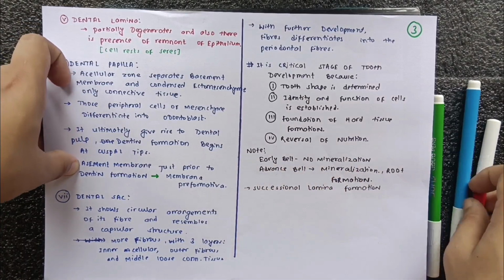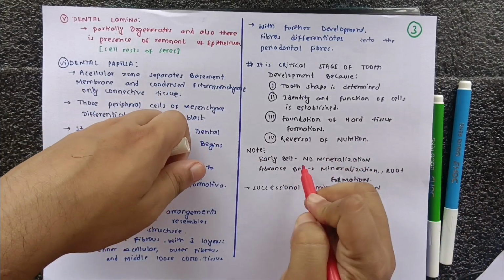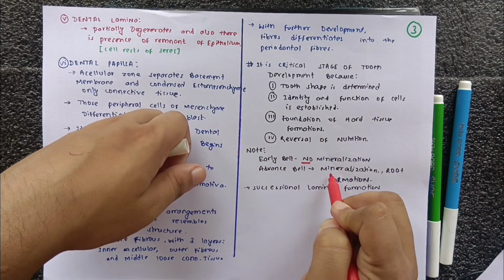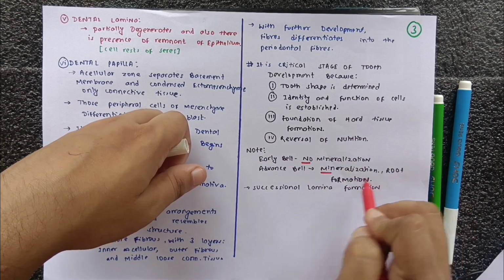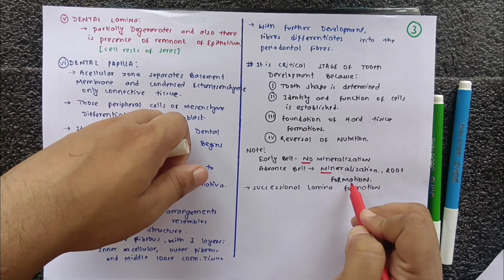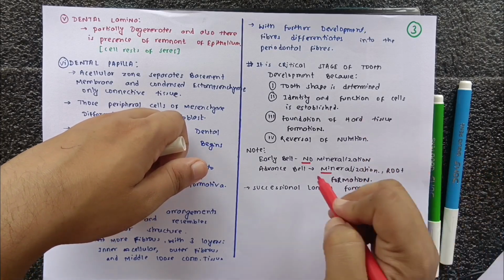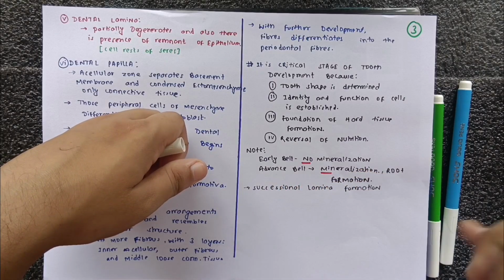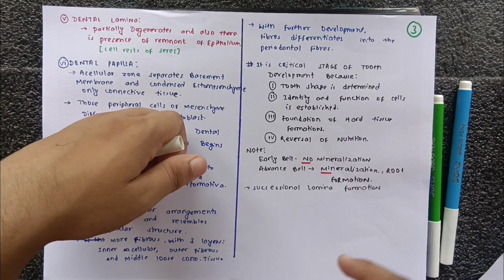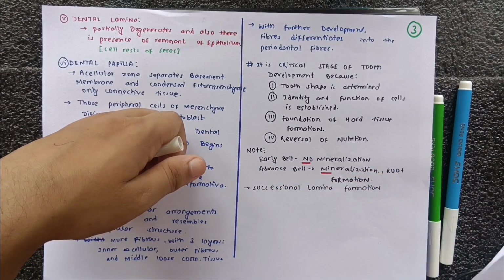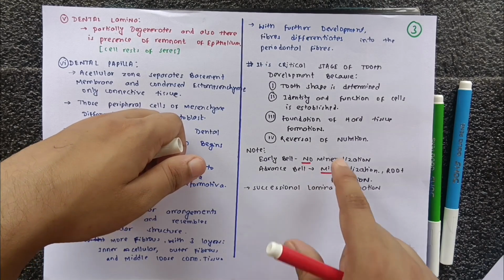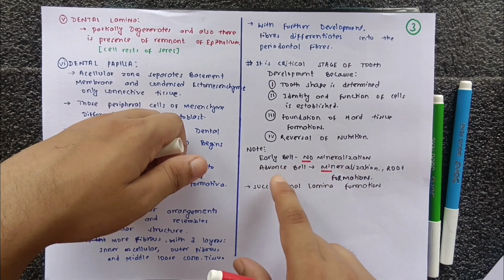In the early bell there is no mineralization, but in the advanced bell there is mineralization, and there is also the formation of the root. Hertwig's epithelial root sheath formation takes place in the advanced bell stage. We will discuss this in the advanced bell video, but for now just remember this is the main thing that differentiates early bell and advanced bell.